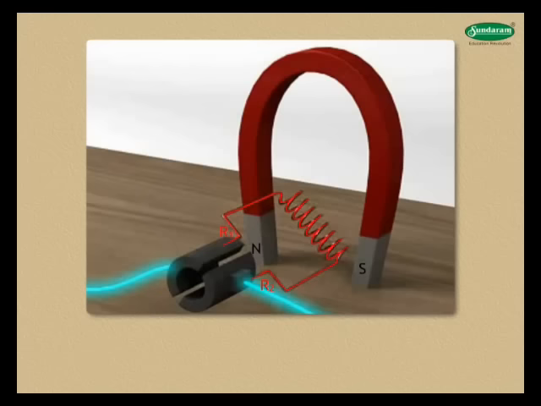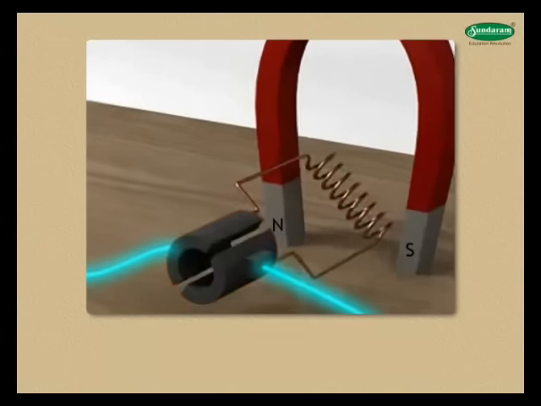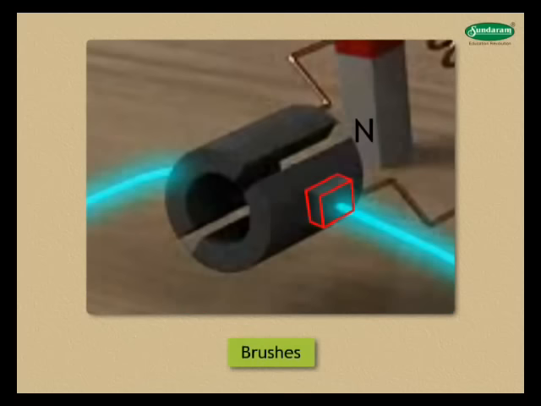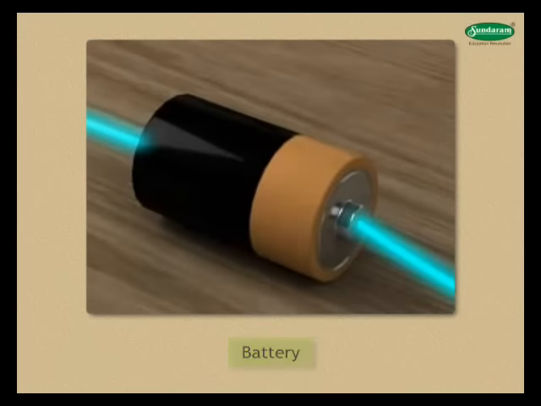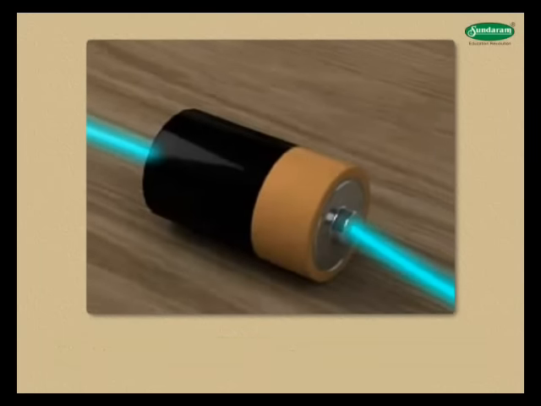The ends of the armature coil are connected to these rings. The commutator reverses the direction of current in the armature coil. Brushes. 2 carbon brushes, B1 and B2, are used to press the commutator. Battery. The battery supplies the current to the armature coil.